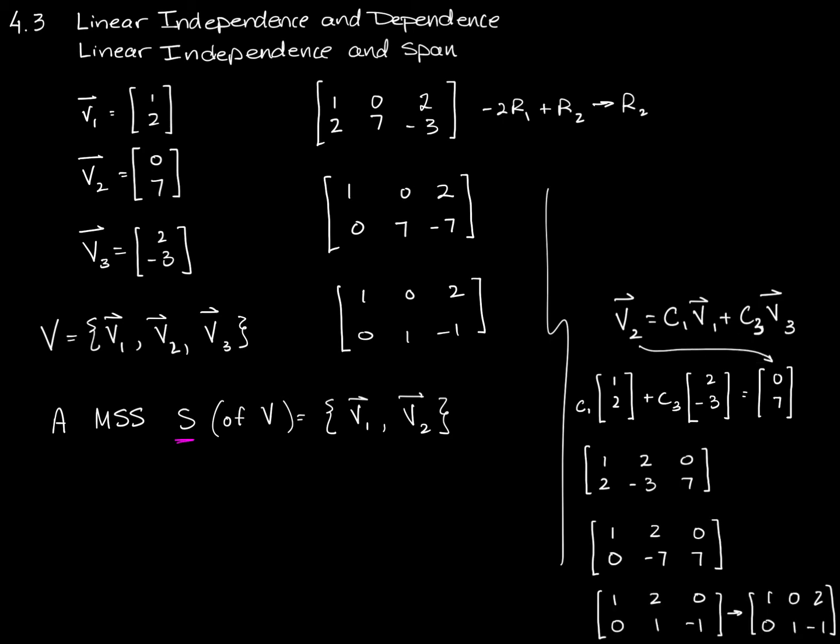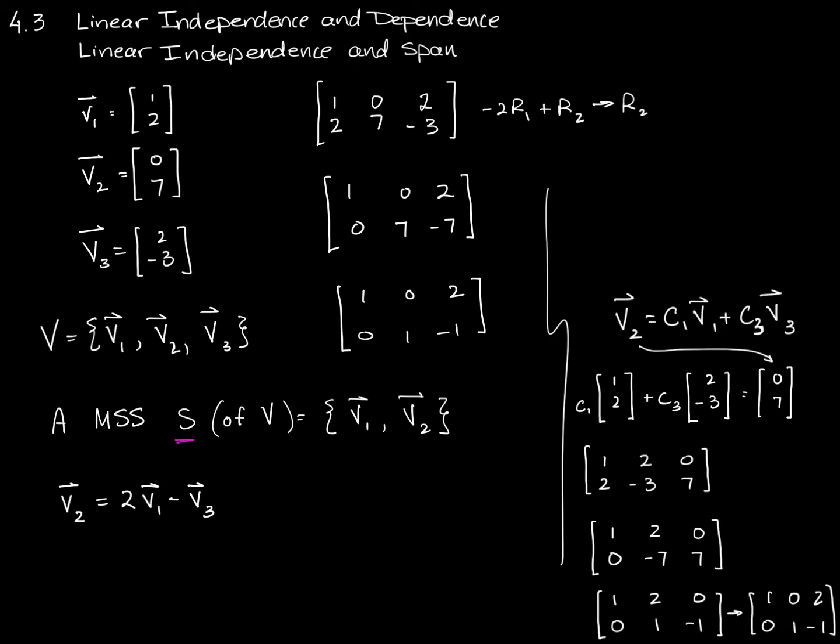If I perform elementary row operations on this matrix, I get eventually that C1 is 2 and C3 is -1. So I found V2 by taking 2 times V1 and adding -1 times V3.